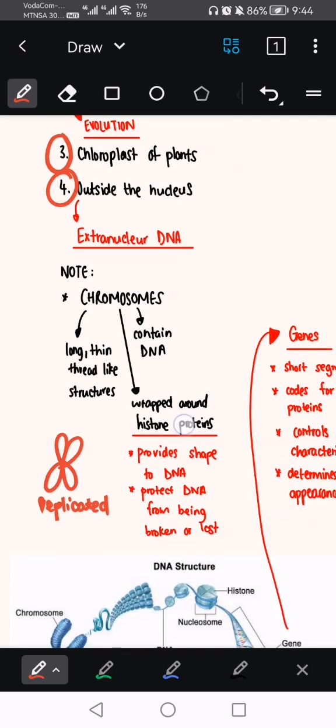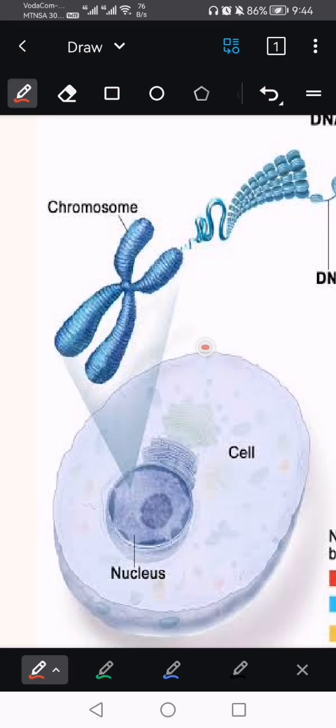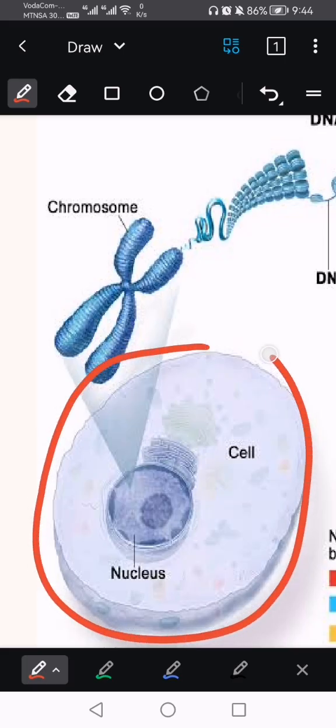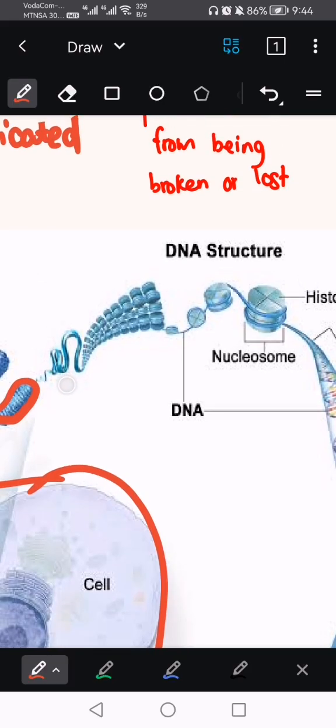But what I want to look at is this. So this here is the nucleus, right? We've discussed that. From the nucleus, we get what is called the chromosome. Now, if you take one of these chromatids and you zoom in to it and you unwind it, you will be able to start to detect the DNA structure, and this is how we get the DNA structure.